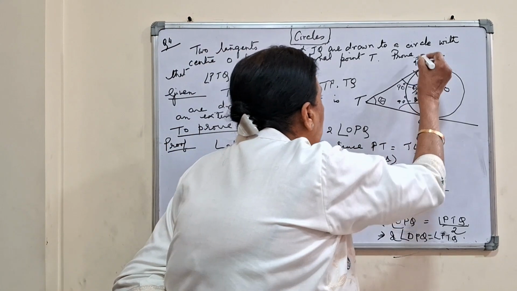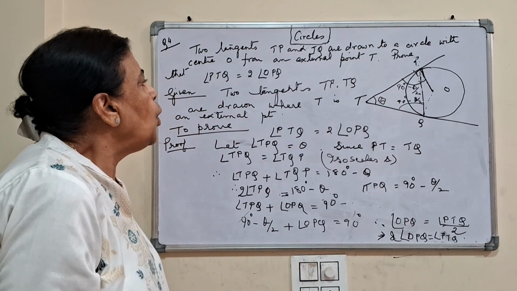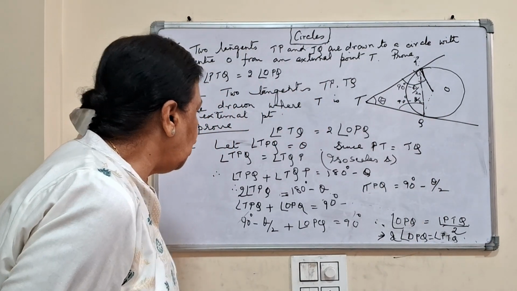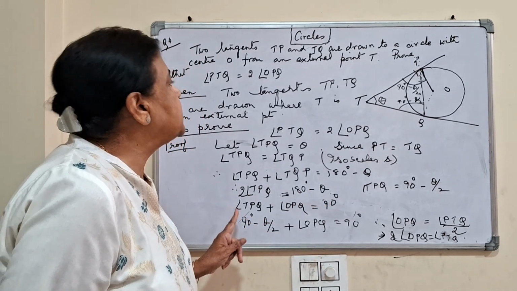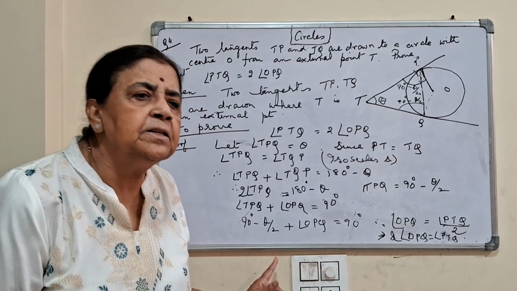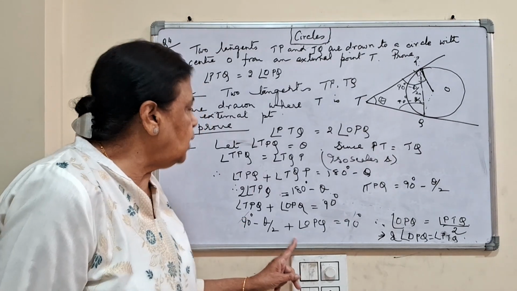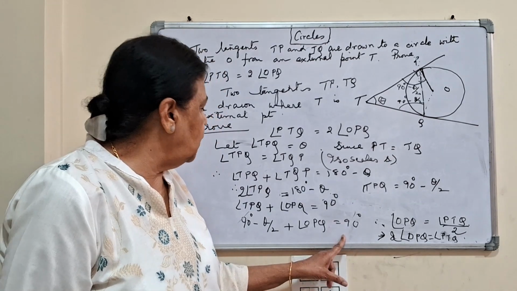Therefore, angle OPQ plus TPQ is equal to 90 degrees. So that means TPQ is what? Just now we have found that it is 90 minus theta by 2. So 90 minus theta by 2 plus OPQ is equal to 90.